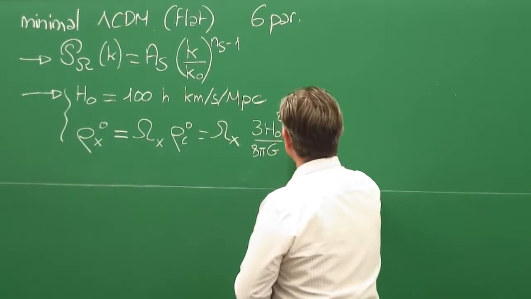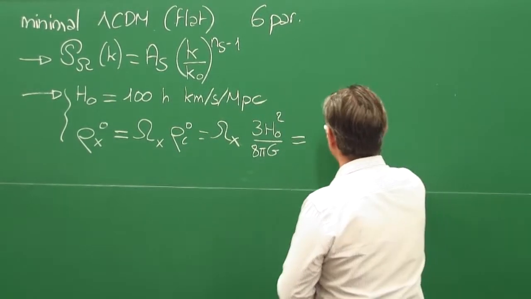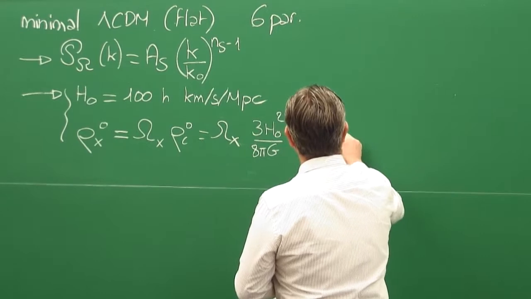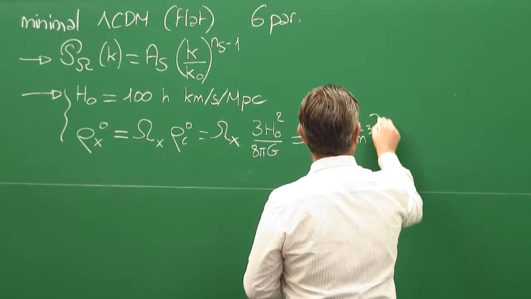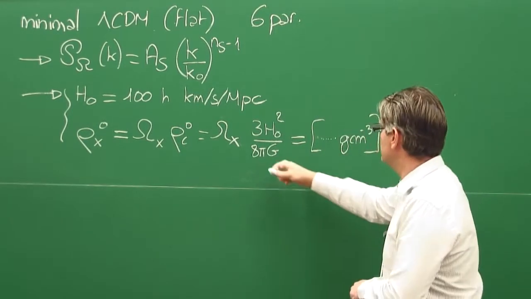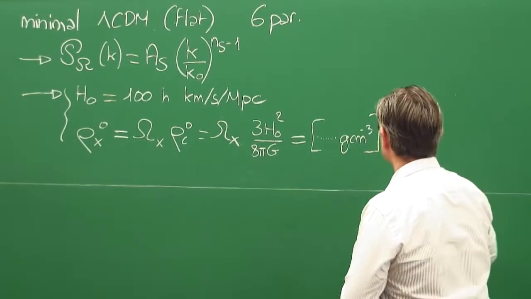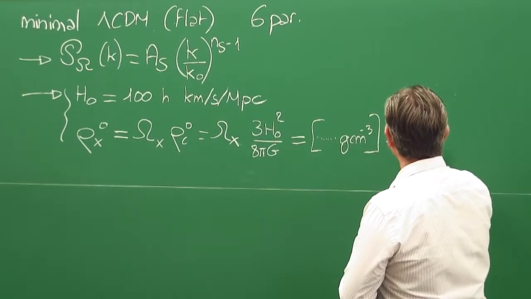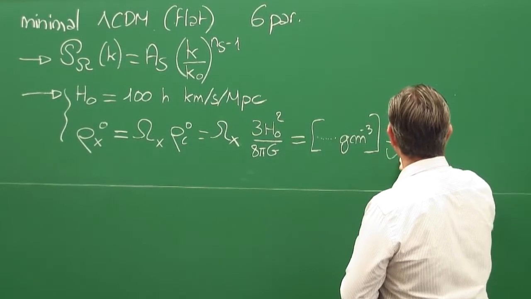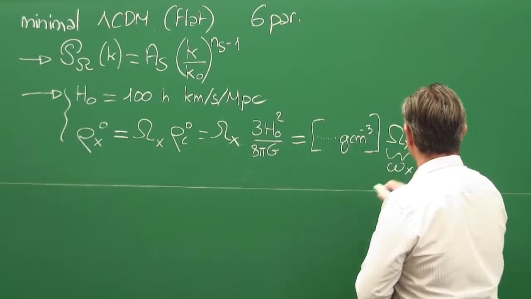And so you see that I could write this number as a fixed number with some units, say gram per centimeter cube, which depends only on the value of the different constants and units, times big omega x times h squared, and this is what we will call small omega x. Okay.